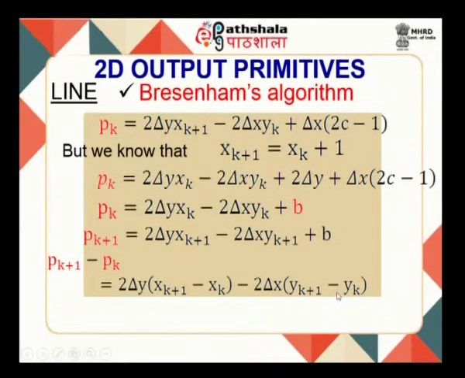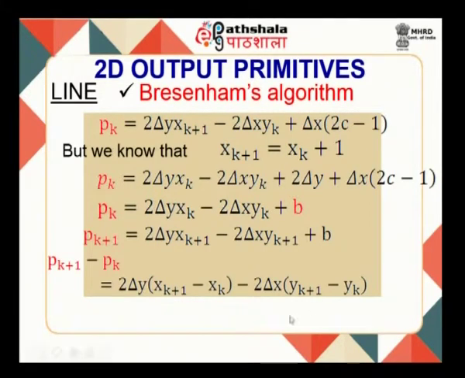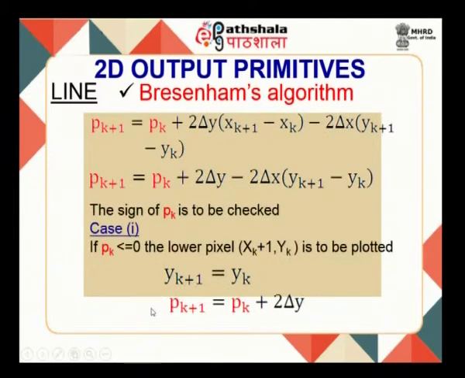All the steps are given in detail here, so you can follow that carefully. So, take this p k plus 1 minus p k, and take p k onto the right. What you get is this: the next decision parameter is dependent on the previous decision parameter plus some additional terms.